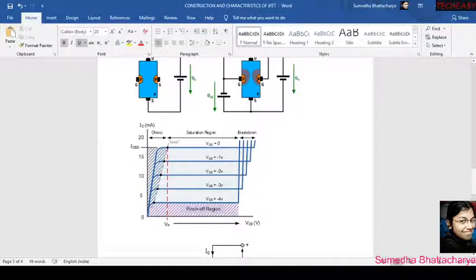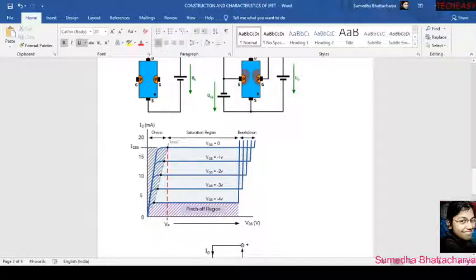But in case of VGS less than 0, that means there is some potential difference in VGS. So what will occur? When we are not connecting VDD, VGS is already connected there, so with VGG giving any type of voltage, a depletion region will occur in the same manner.